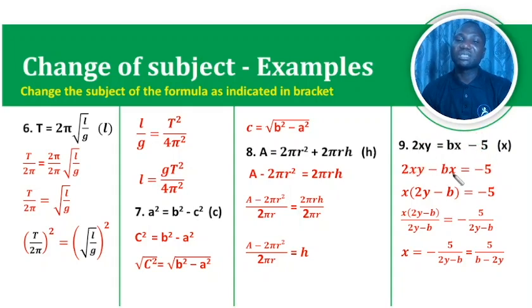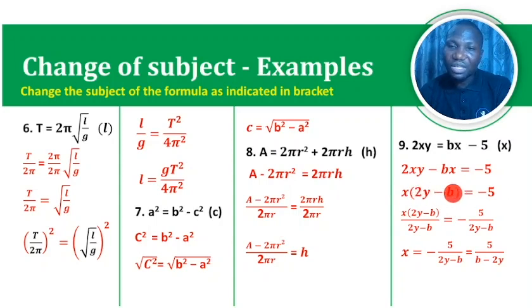Now look at x. You have x in this term, x is also present in this term, so factor out the x from both terms. If we factor out the x from this, we'll be left with 2y, and if you factor out the x from this, you'll be left with b, equals negative 5. Now look at your subject. x is multiplying the whole of this expression.